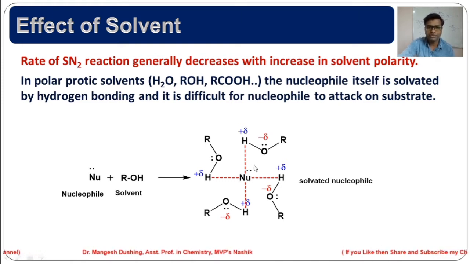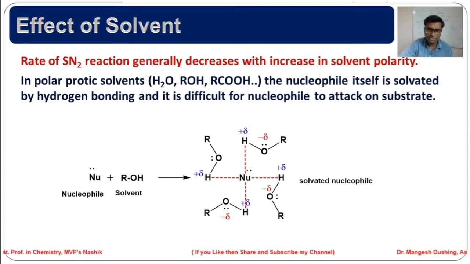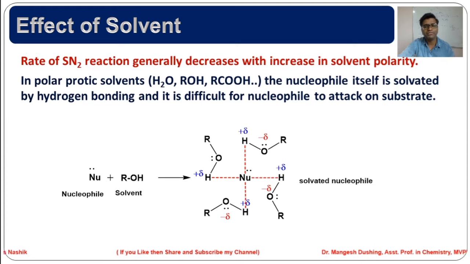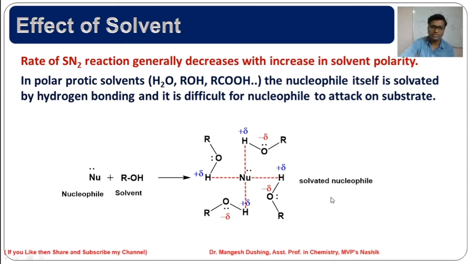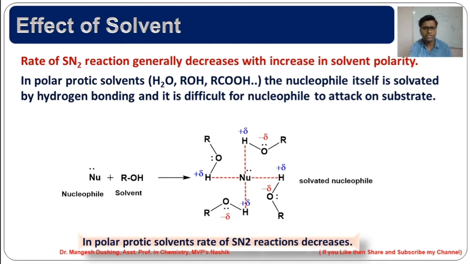This nucleophile gets stabilized, so its nucleophilicity decreases, and it is difficult for it to attack the substrate because it is stably solvated by the polar protic solvent. That's why the rate of SN2 reactions generally decreases with increasing solvent polarity.